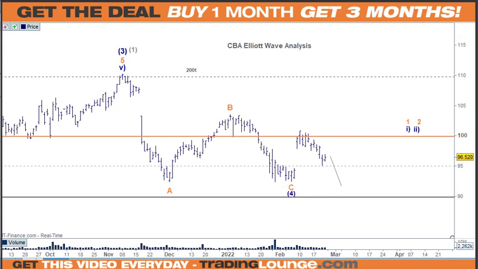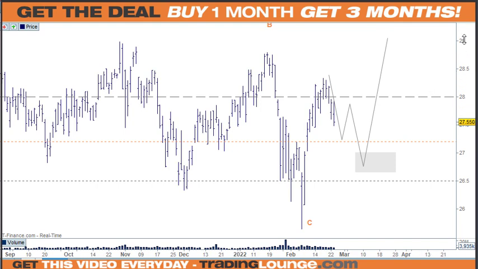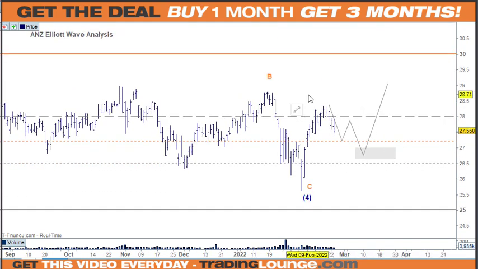With ANZ, it's drifting down nicely, as we kind of thought that it may, and it may have another 5 days down here as well, having an A and a B and a C wave here, but it does leave us with that top there exposed to go long now as well. And we could get a better position.